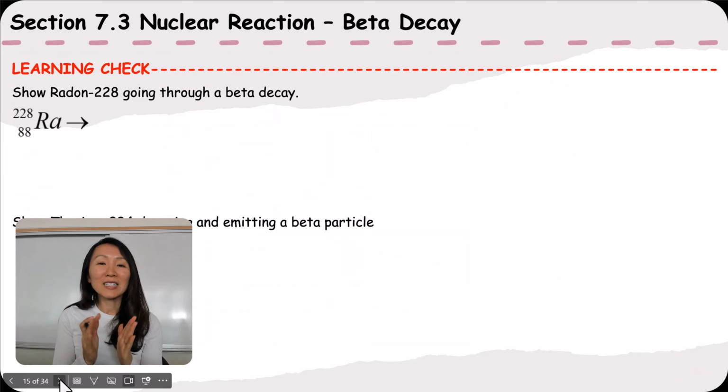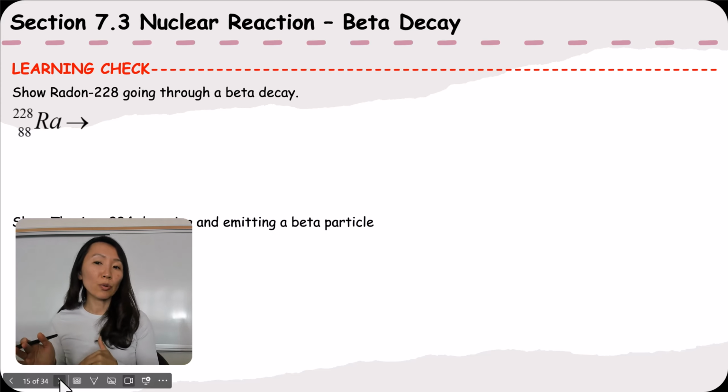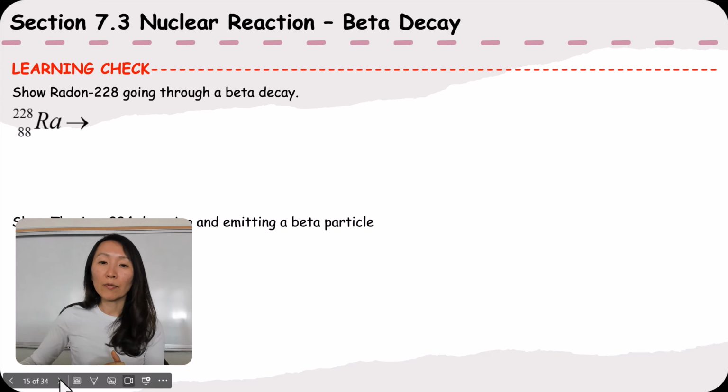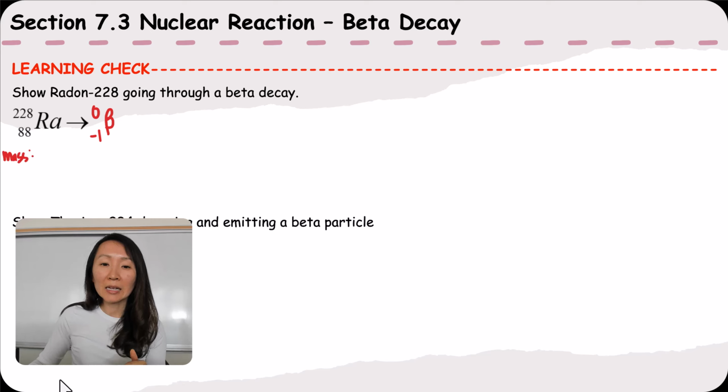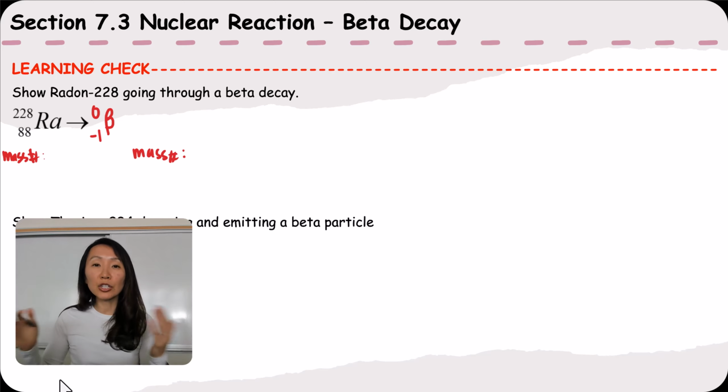All right, so let's do some kind of problem based on what we learned so far. Here it says show radon-228 going through a beta decay. So beta decay refers to that beta sign, -1 and 0. The mass number on the reactant side and the mass number on the product side should equal out.